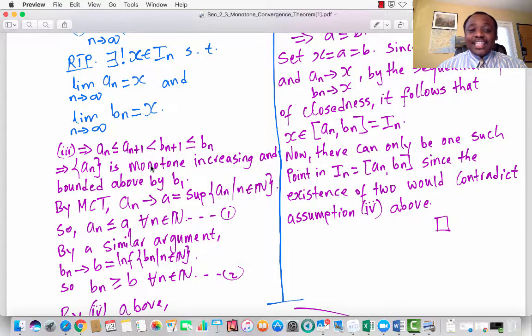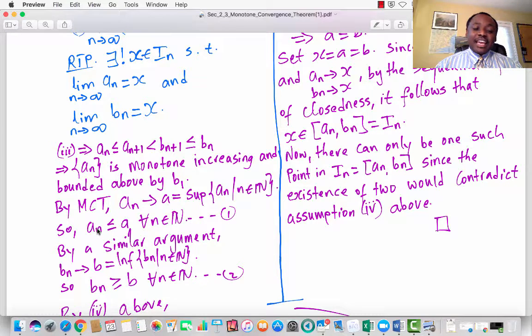So an is a monotone increasing sequence that is bounded above by b1. Therefore, by the monotone convergence theorem, MCT, an converges to some number a, which happens to be the supremum of the set of all the terms of an, where n is a natural number.